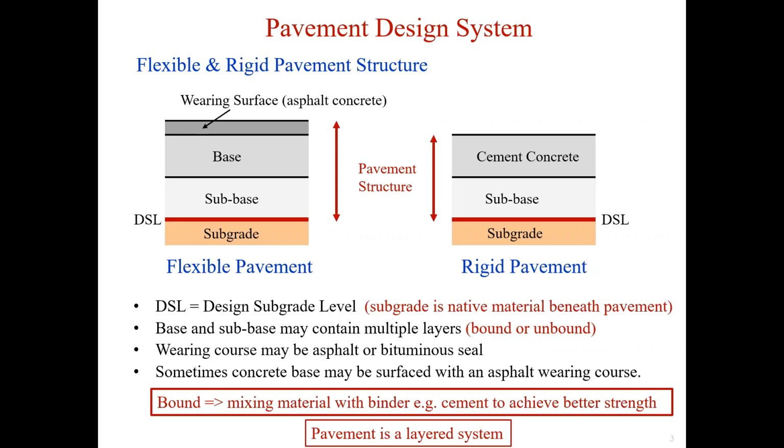Normally, the pavement is a layered system, and the base and subbase may contain multiple bound or unbound layers. The bound layer is made by mixing the base or subbase material with binder, for example cement, to get better strength of that layer. The subgrade is the native material beneath the pavement.